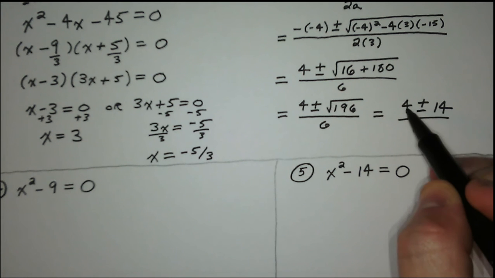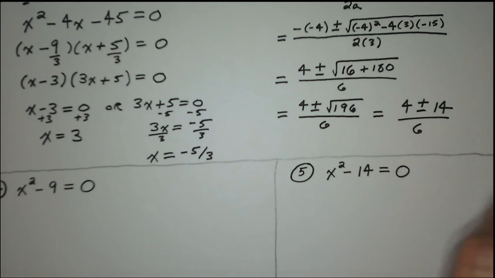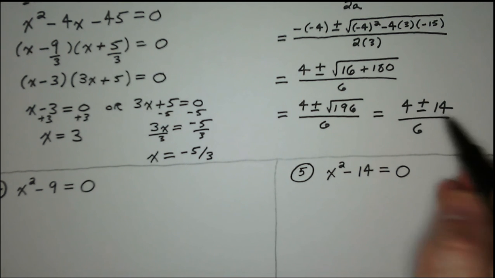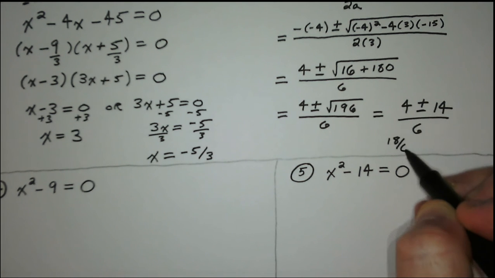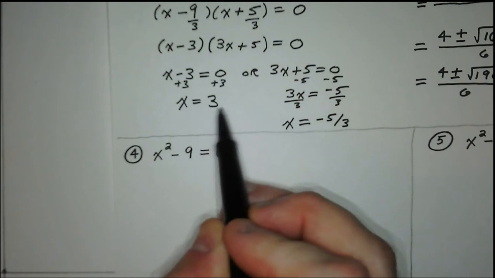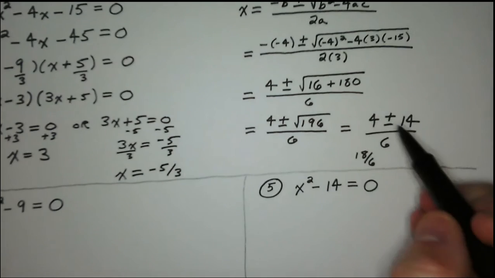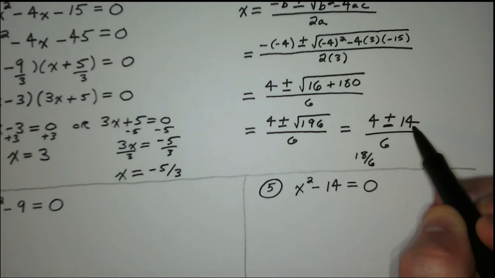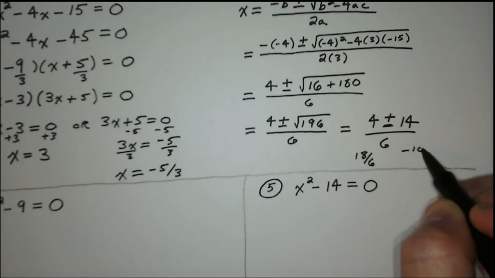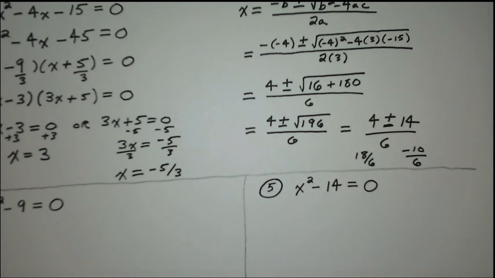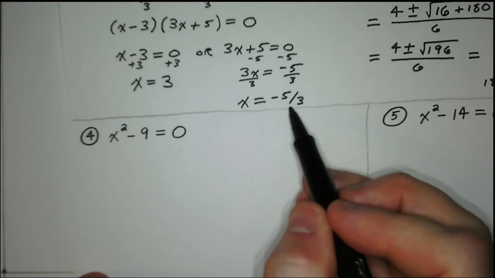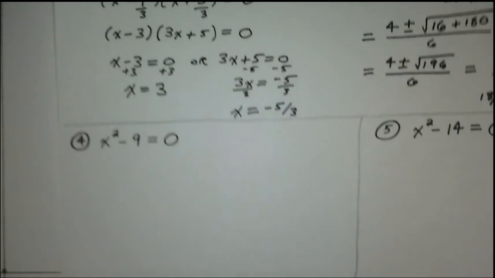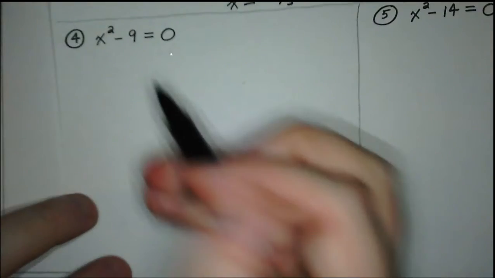Let me say that again. 4 plus 14 is 18. So we got 18 divided by 6. Well, wouldn't you know? That's the 3 over here. And then if we pick the minus, it's going to be 4 minus 14, which is -10 all over 6, which would, there's the -5/3.